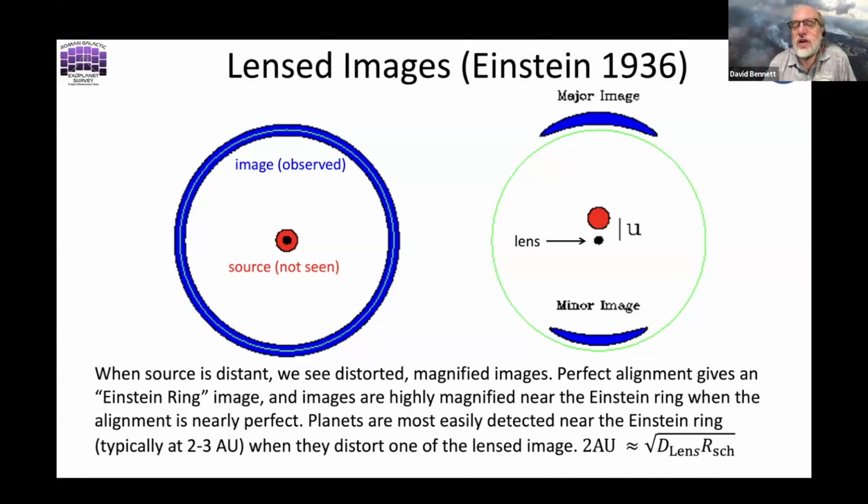Roughly, to an order of magnitude, this is equal to the geometric mean of the Schwarzschild radius of the lens and the distance to the lens, and that's a few AU. This is why microlensing is sensitive to planets at separations of a few AU. It contrasts with the transit method, and it's a reason why microlensing was selected to complete the exoplanet survey that was started with Kepler.